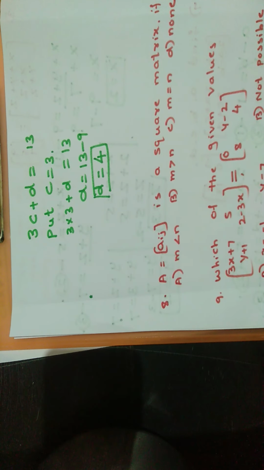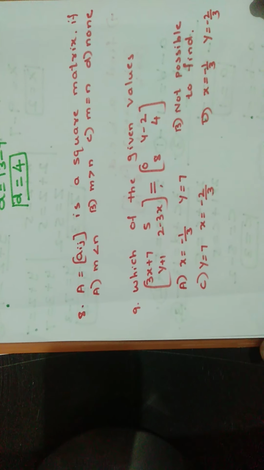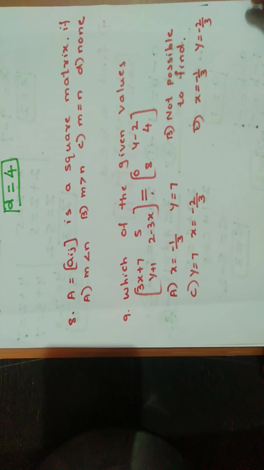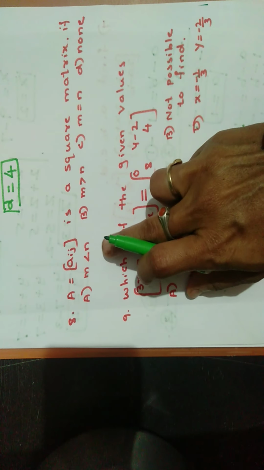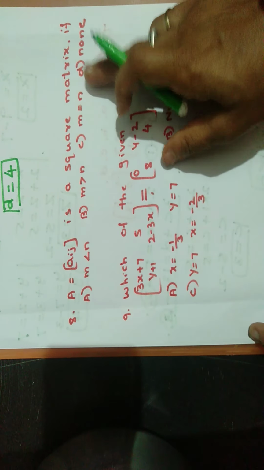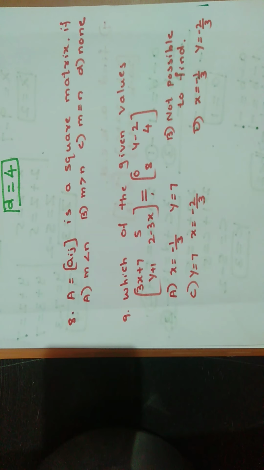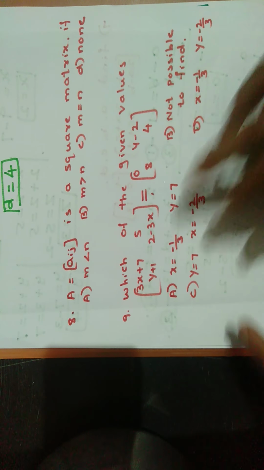These are the examples where we calculated x, y, z and A, B, C, D values. Okay. Next, we have to study the CET questions. A is equal to Aij is a square matrix if... By the definition of square matrix from the last class, the number of rows is equal to the number of columns.